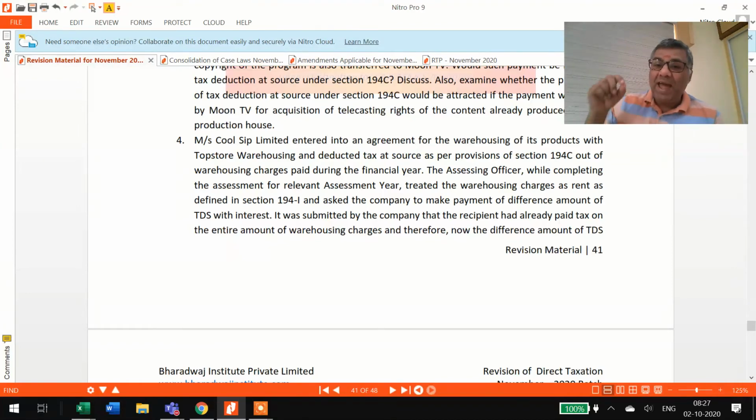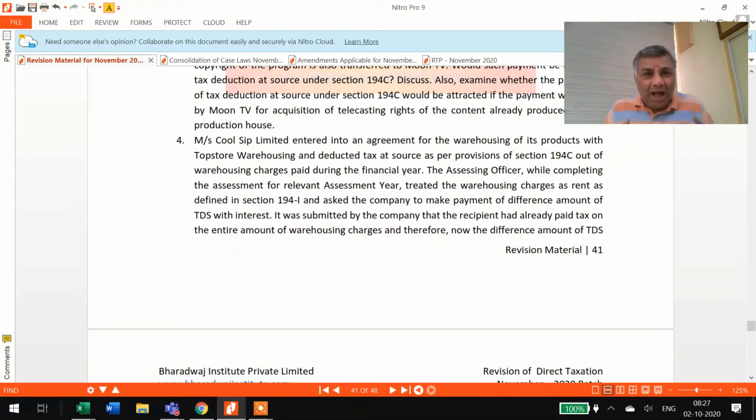Where I have submitted the proof that the recipient, a resident assessee, has considered it as income and paid the due taxes, I will not again be asked to deduct tax at source because it will amount to dual impact.